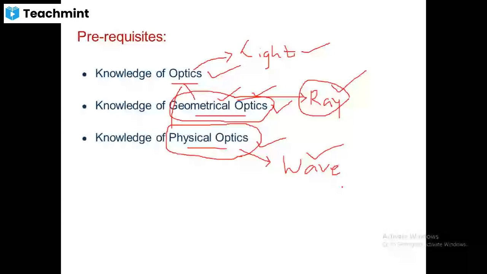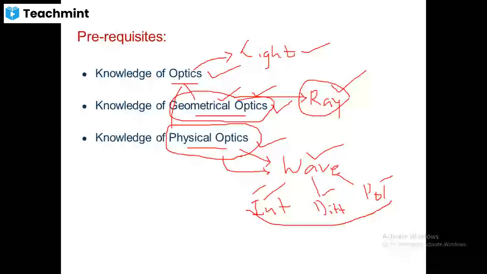Once you say wave nature of light, phenomena like interference, diffraction, and polarization will be discussed in physical optics, which deals with the properties of the wave nature of light.